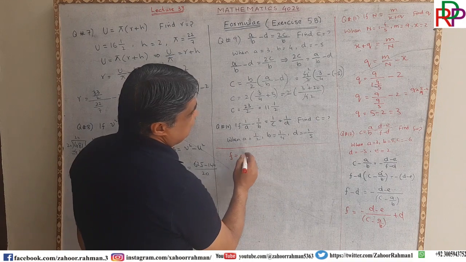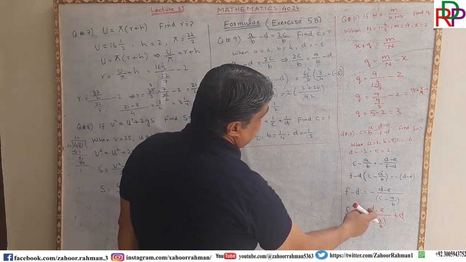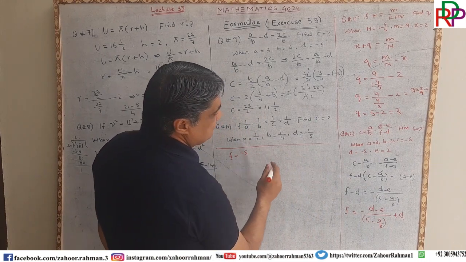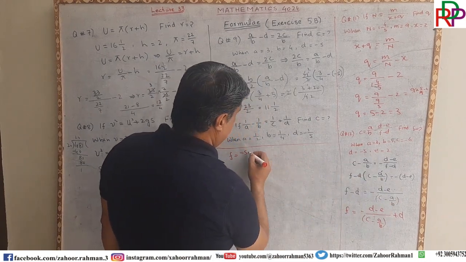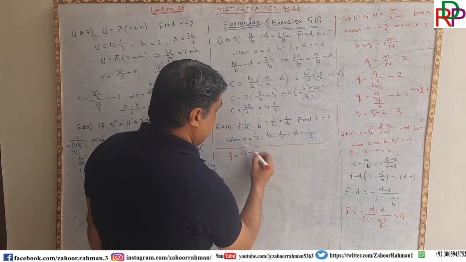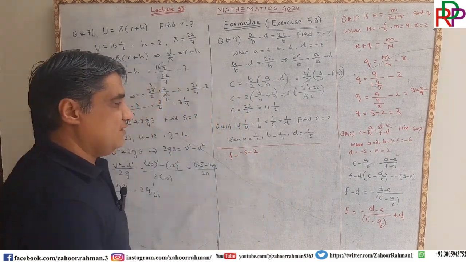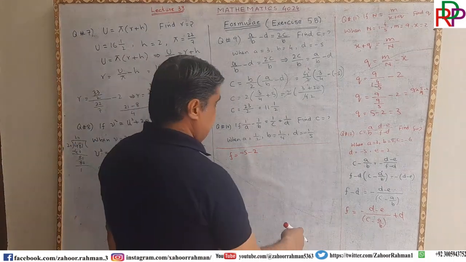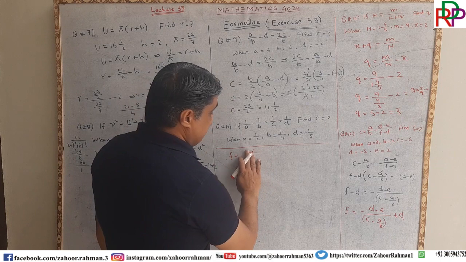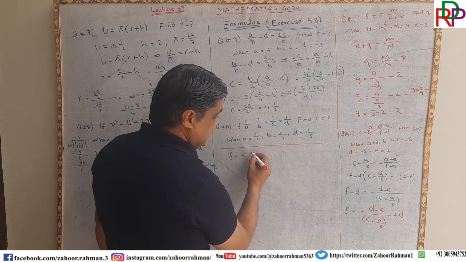So F is equal to, what is the value of D? It is minus 5. What is the value of E? And that is 2. First of all I have to write this minus.